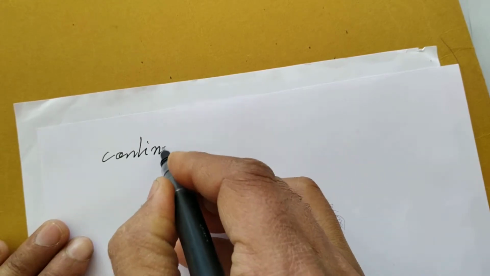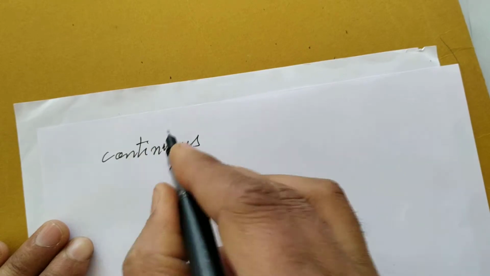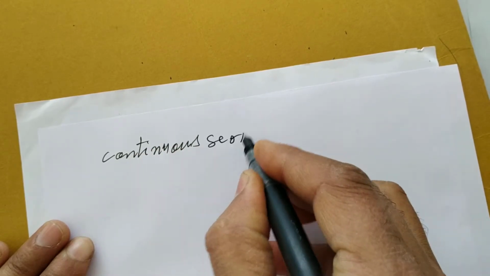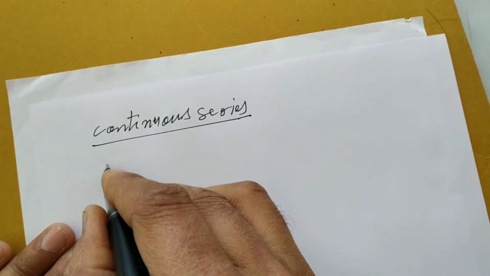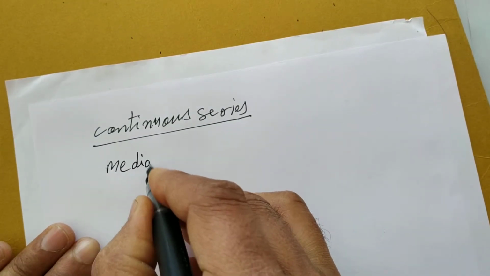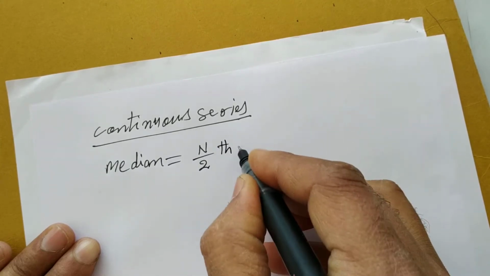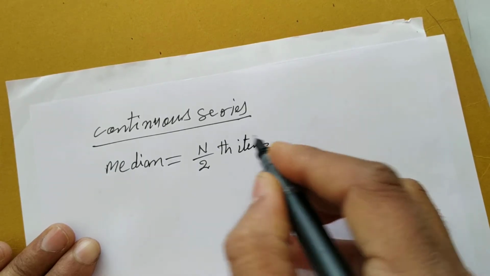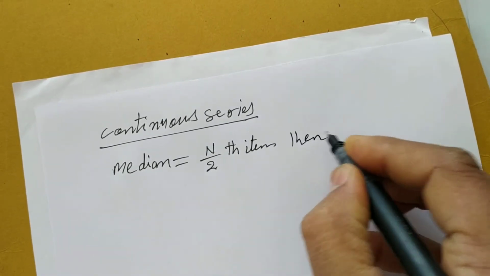So in continuous series, median is equal to n by 2th item value. Then we apply the following formula.